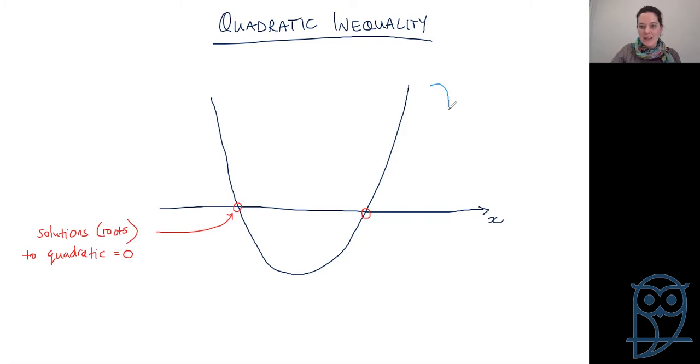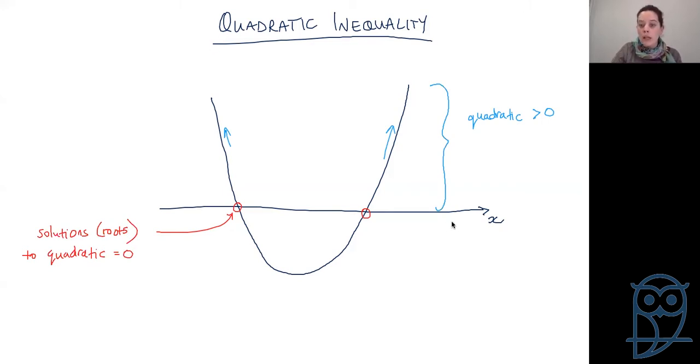So in this zone, we've got this piece of the graph on the right and this piece of the graph on the left, but both of these pieces are above the x-axis. So in this case, we would say that our quadratic is above the x-axis, therefore it is greater than 0, because it equals 0 here. So when we move above the x-axis, our quadratic is bigger than 0.